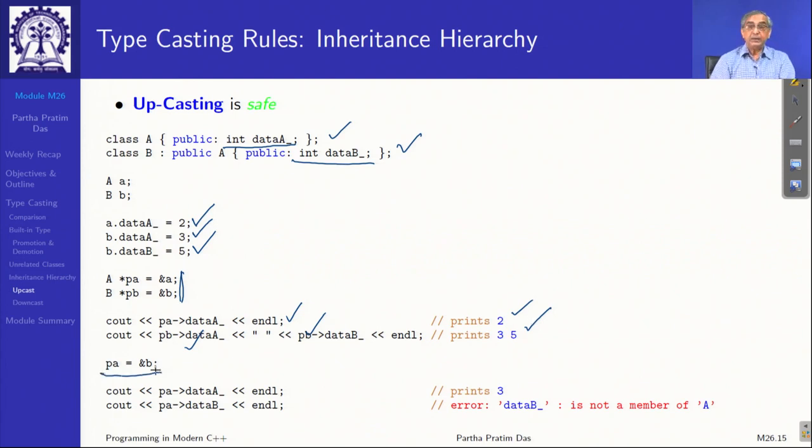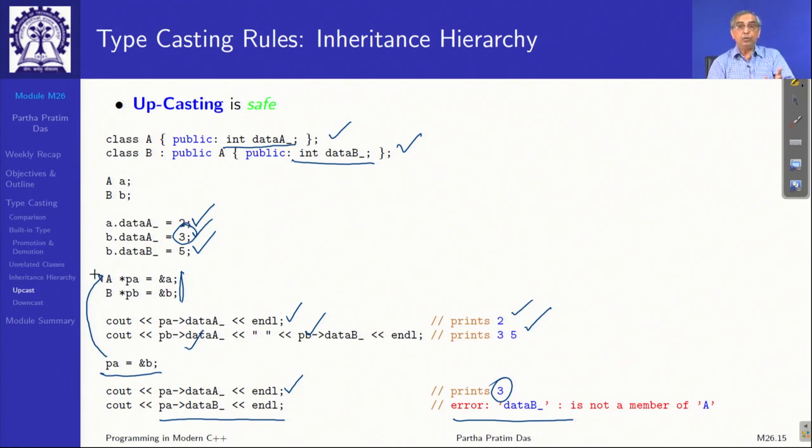If I do this, then on the right hand side I have an address of a B object, and I am taking that to be an A object. So, I will be able to print the A part of it, that is this 3. But if I try to print the B part, I will get a compilation error, because P A is of type A class.